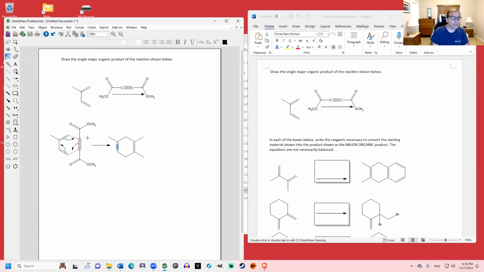And those 2 are the bonds to the methyl ester groups. We did an example very much like this in class.